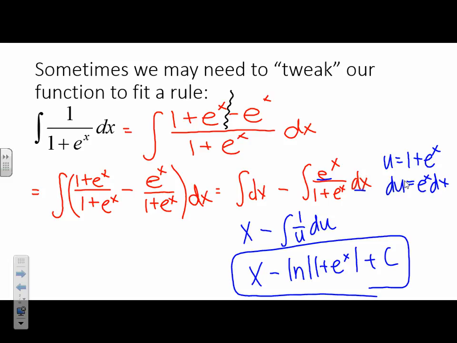So the antiderivative of 1 over u is natural log of the absolute value of u. I went ahead and just replaced u all in the same step. Hope that's okay with everyone.